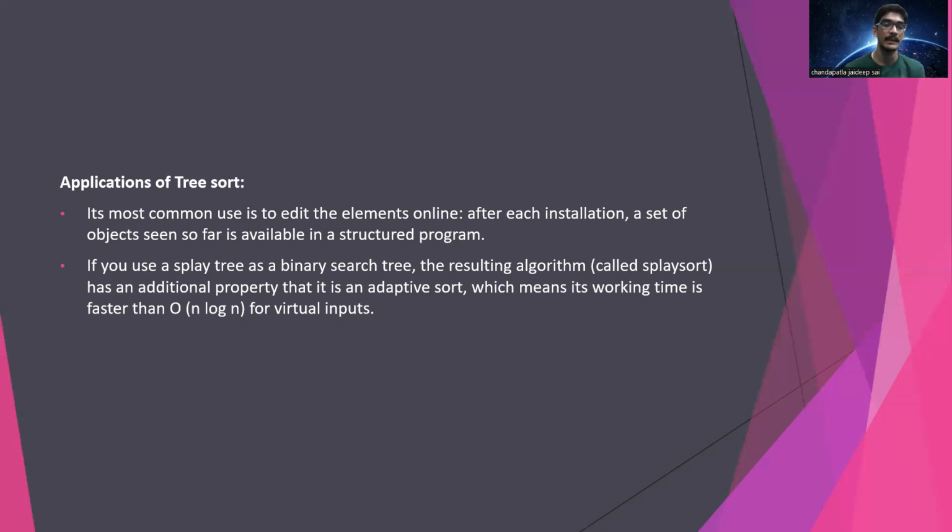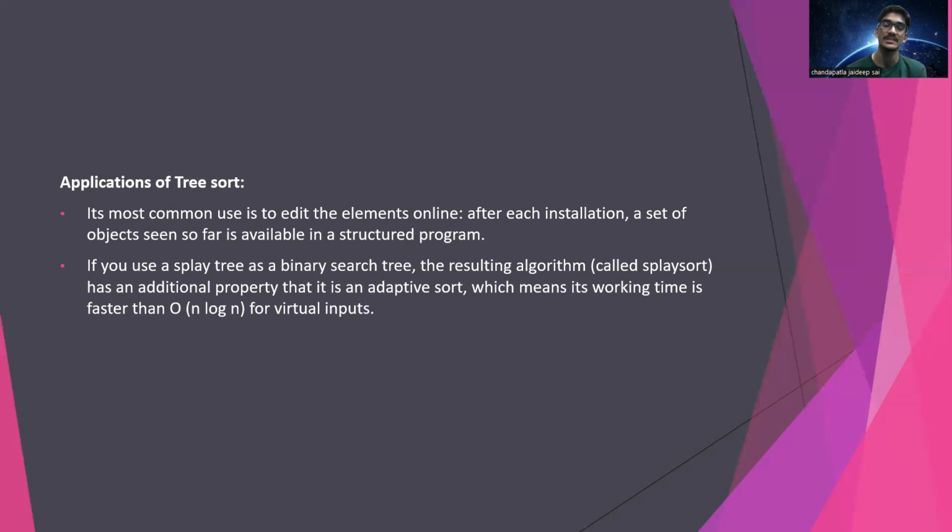If you use a splay tree as a binary search tree, the resulting algorithm, called splay sort, has an additional property: it is an adaptive sort, which means the running time is faster than O(n log n) for nearly sorted inputs.